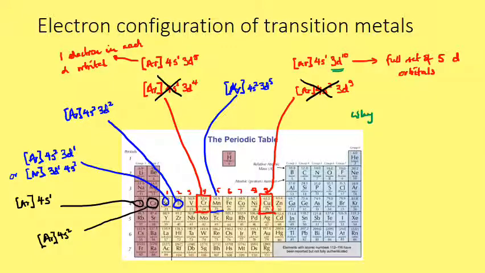Because if you look back at potassium, potassium is really reactive, we know, and the only difference between copper and potassium is that copper has a full 3d subshell and one spare electron in its 4s orbital. So why isn't copper really reactive? There's a question for you.